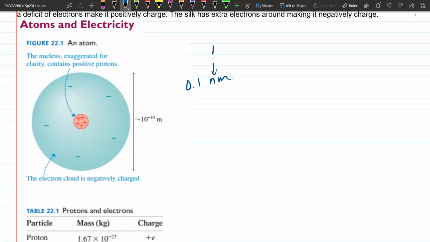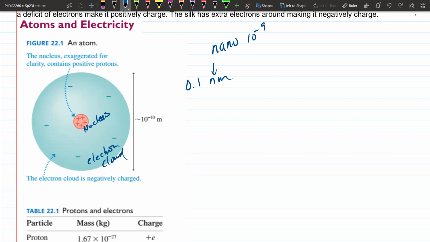Remember, nano means 10 to the minus 9, so 0.1 nanometer is 10 to the minus 10. Inside that atom, in the middle, is where the positive charges reside. This is the nucleus, and this is the electron cloud.